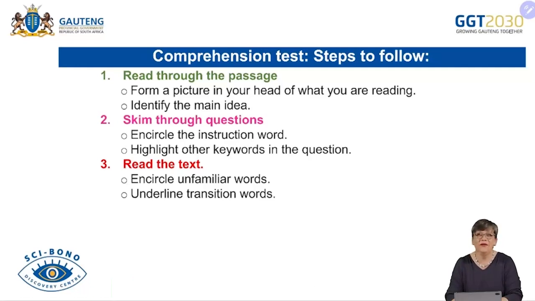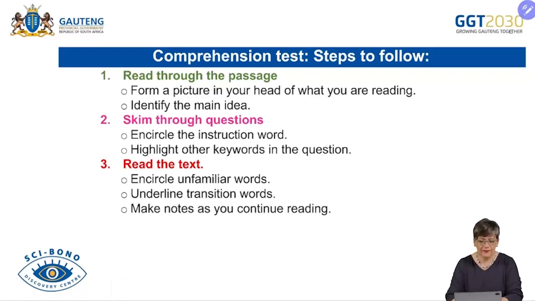Words like firstly, secondly, thirdly, however, in comparison to. See if you can find the linking words between paragraphs. You can even make notes while you're reading. And remember, you've seen the questions, so you know what to look for. So while you're reading again, if you find the answer to a question, make a quick note there.